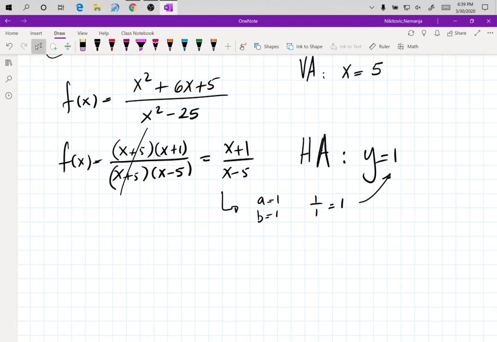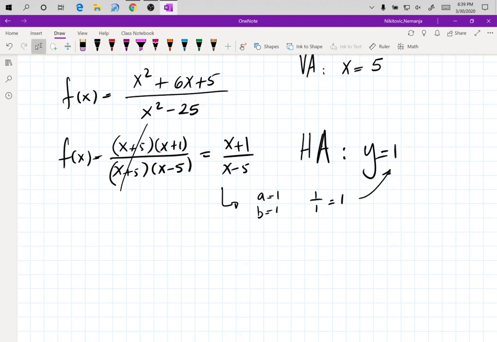And now to graph, all I need to do is follow the guidelines. I have the vertical asymptote at 5: 1, 2, 3, 4, 5. There we go.